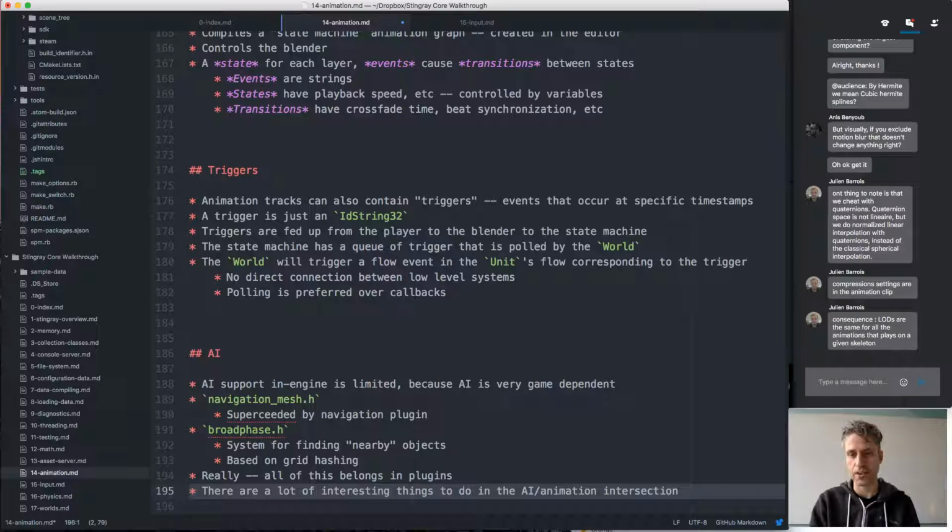Animation that looks really good does things like putting a hand on the wall when you get close to it, just being aware of the environment in that way. And in the same way, for AI to look good, it really needs good animation. If you have a really good path that the character follows, but the character walks very stiffly along that path, it won't look like good AI. So I think there are things you could do connecting AI and animation. I think that's a fruitful area to work in.